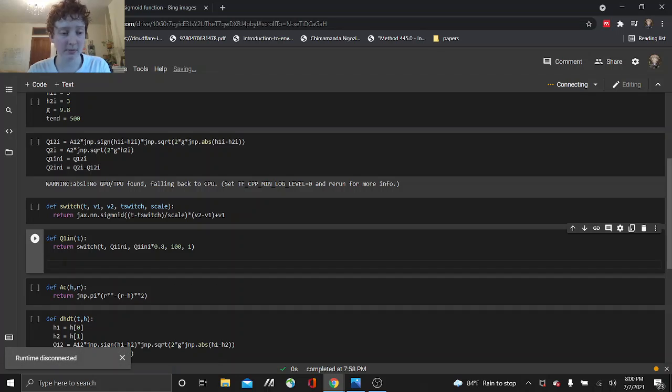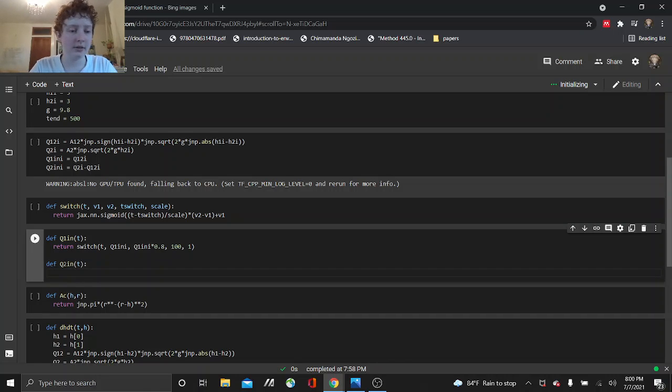So we're going to define Q2, and we're going to return the switch function, with our time, the initial flow rate, which is just Q2 in initial, and then V2, which is increased by 250%.